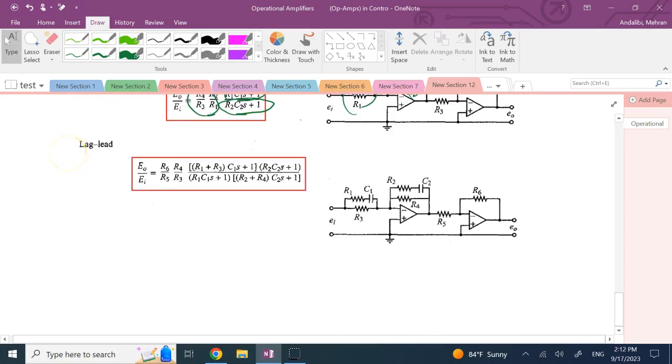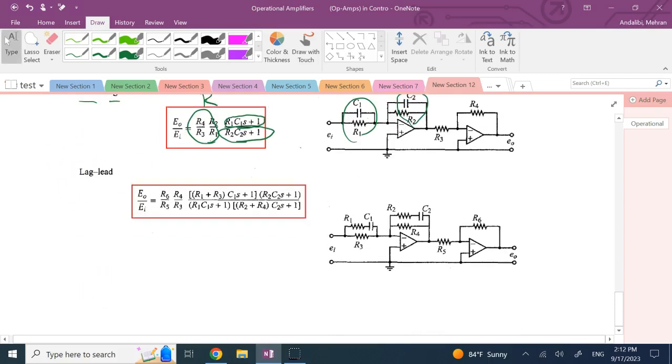And lead lag is when you have both of them, and for that, what you need to add is an extra resistor here compared to the lead or lag only. An extra series resistor to C2 you add here, and here also an extra series resistor to C1 you add.